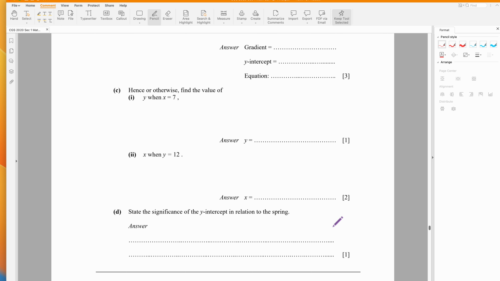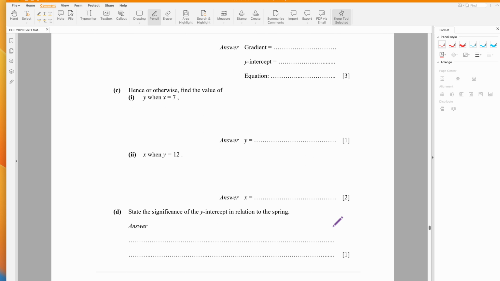Now they want when y equals 12, what is your x? You need to read the point where y equals 12 cuts the graph. It cuts the line here. So that's why you need to come down here, instead of coming down there.